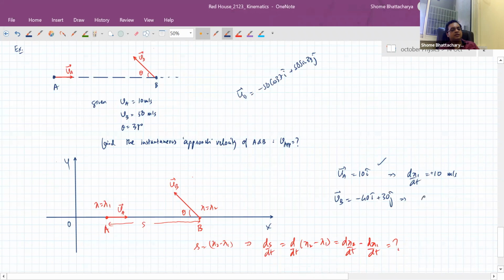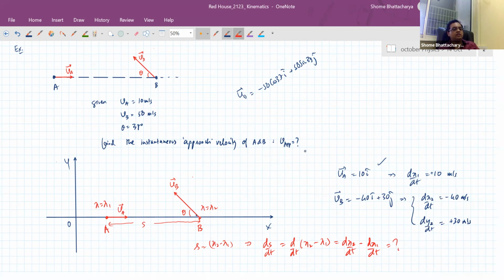This tells me that the rate of change of x2 with respect to time is minus 40, and the rate of change of y2 with respect to time is plus 30. Eventually, as B moves, it will have some y coordinate also. But as far as the approach velocity is concerned, I'm not interested in this rate of change. This is of no importance to me right now. Only these two are of importance.